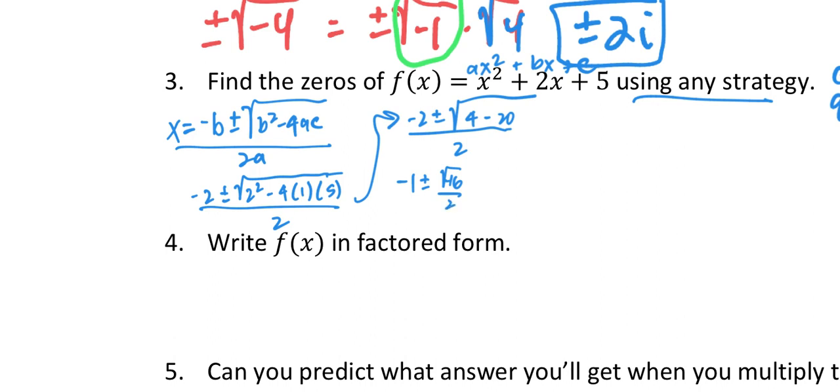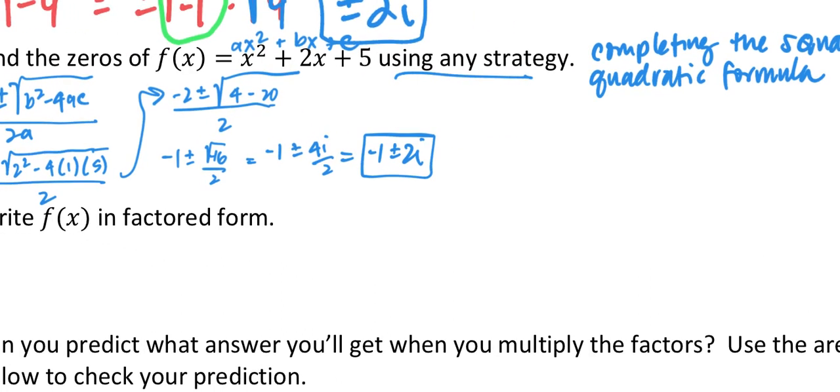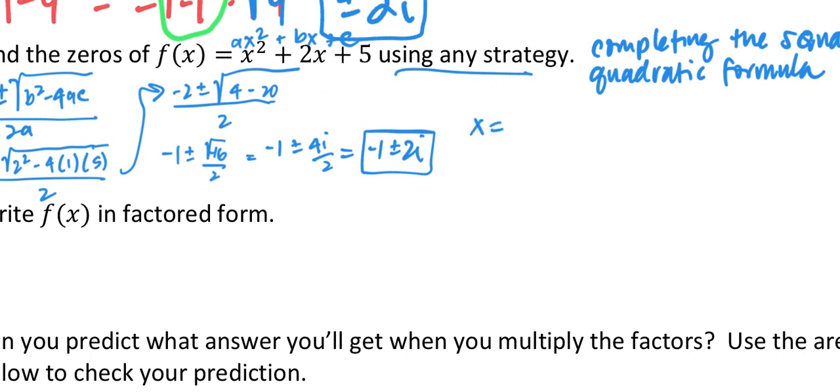Square root of 16 is 4, so square root of negative 16 is 4i. So this becomes negative 1 plus or minus 4i over 2, and 4i over 2 is just 2i. Now, this is actually two answers. We have x equals negative 1 plus 2i, and x equals negative 1 minus 2i.